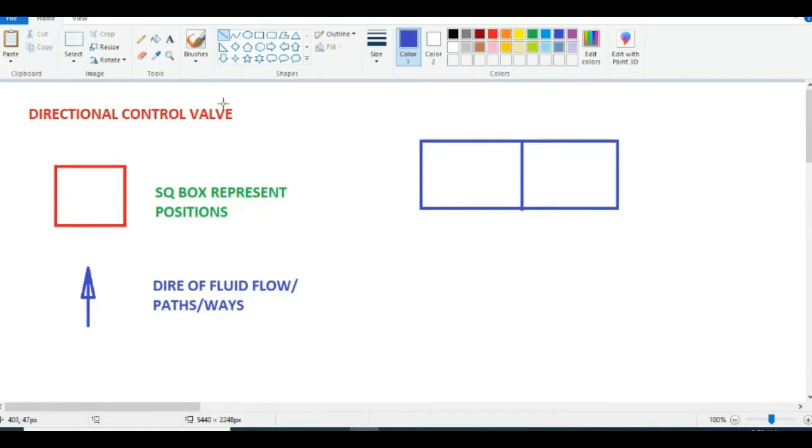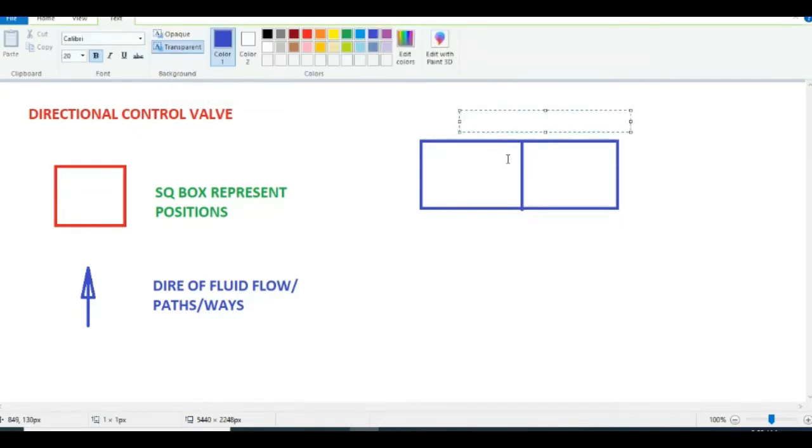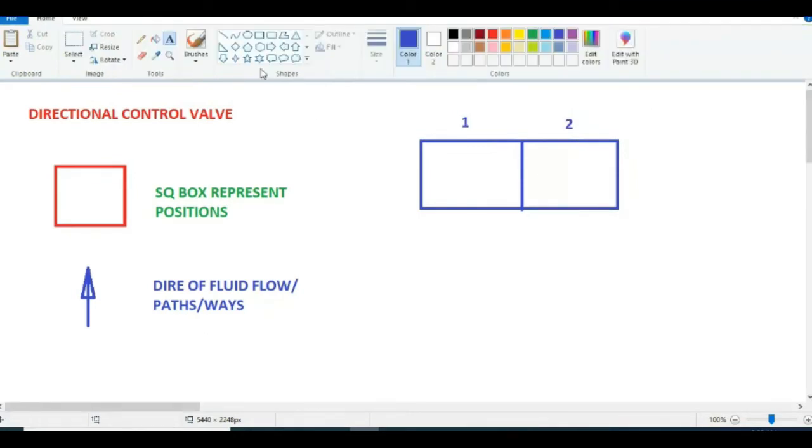Right now the direction control valve has two positions, right? This is your first position. This one is your second position.